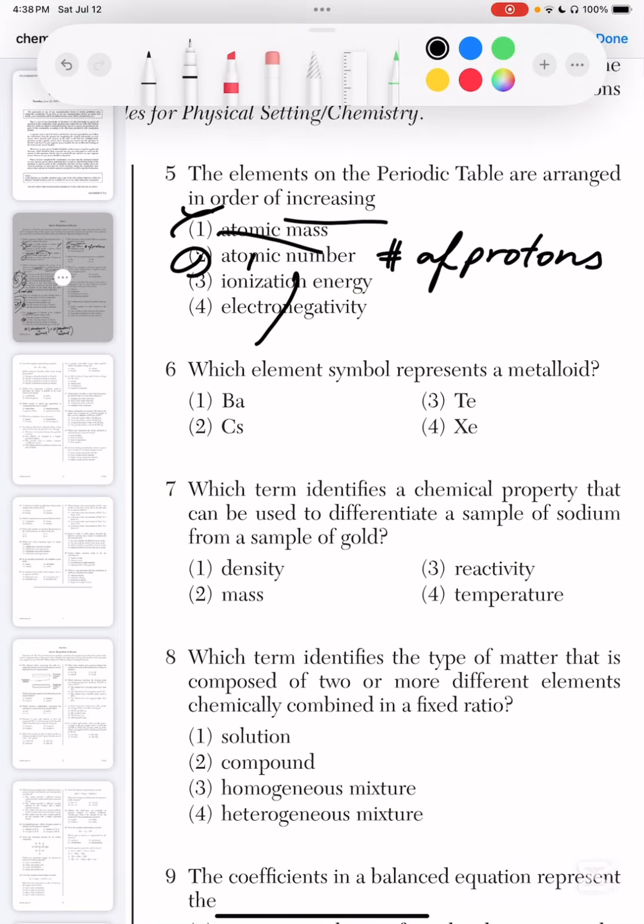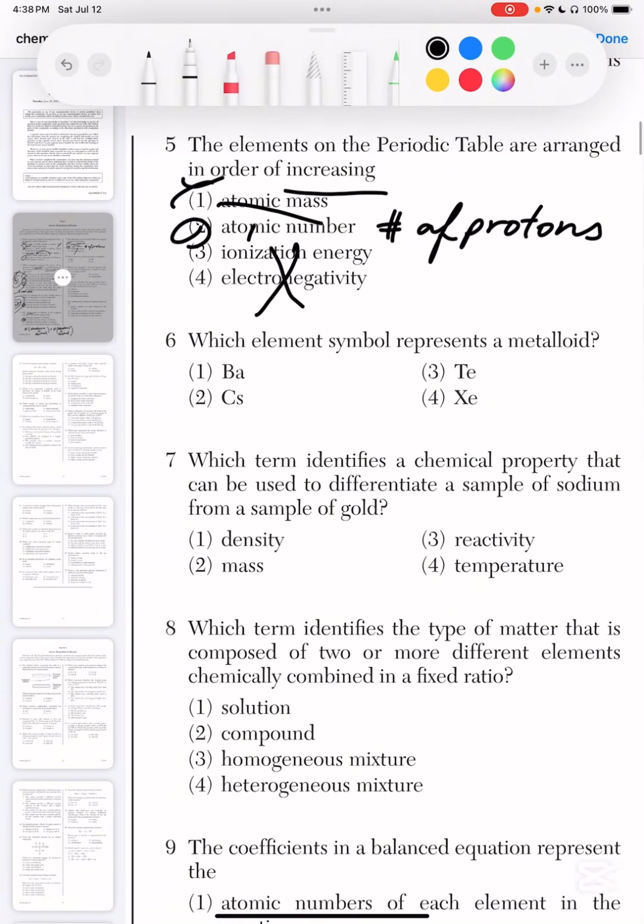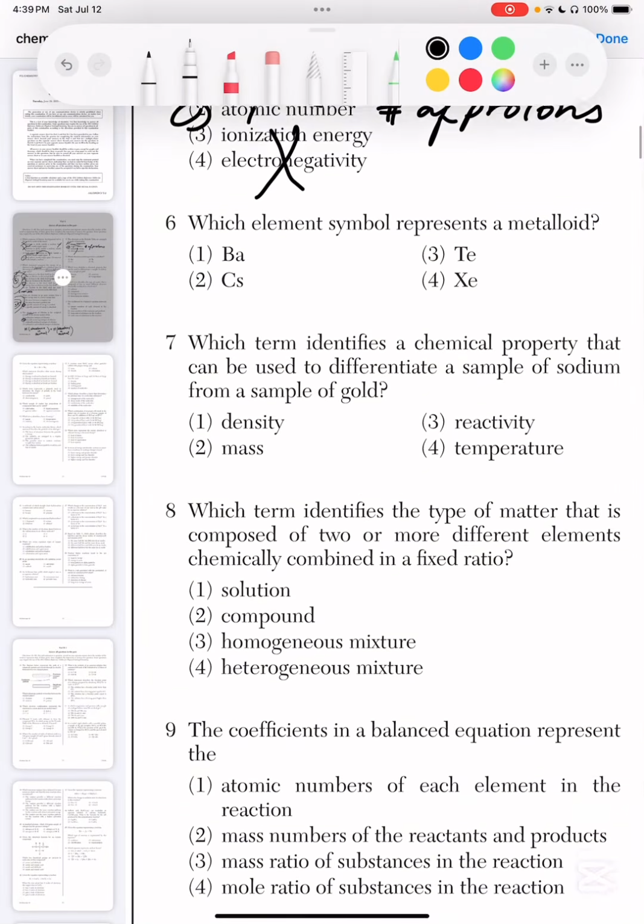And then these two are just periodic trends, so they're not necessarily arranged in that order. Like, if you didn't know this, you can also look on table S. There's all of that information on the table, and you can compare them if you really wanted to.